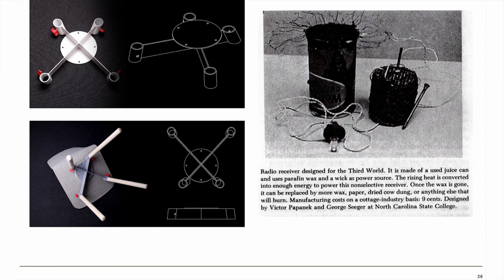They made this thing on the left, where you can make a chair out of any stuff you've got lying about, which I thought was quite nice. And this is Victor Papanek. He made this radio from old juice cans and some fuel, even dry cow dung, and you can get a radio from this. Brilliant thing. So these ideas in design are not new. They've been around for a while, using it in a good way.